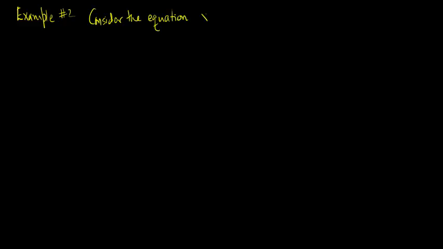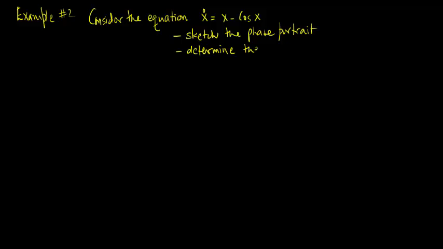Now let's consider another example. Consider the equation x dot is equal to x minus cos x. Sketch the phase portrait and determine the stability of the fixed points.